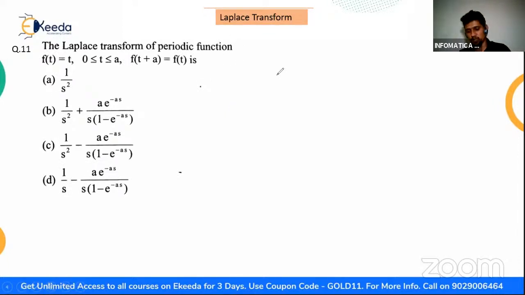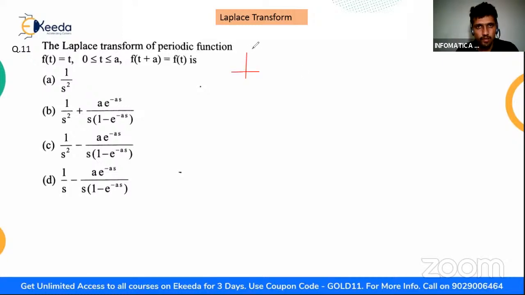Now we are coming to the Laplace transform. What they mentioned in this question, you just need to make a little bit of correction. Laplace transform of a periodic function f(t). This is basically your function.